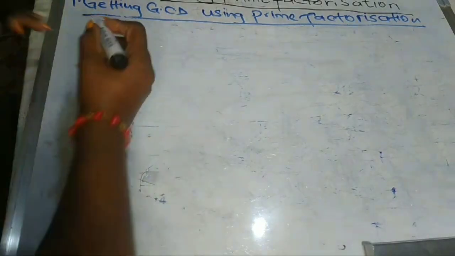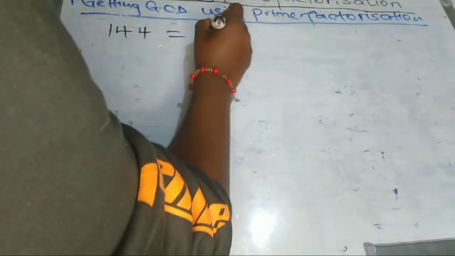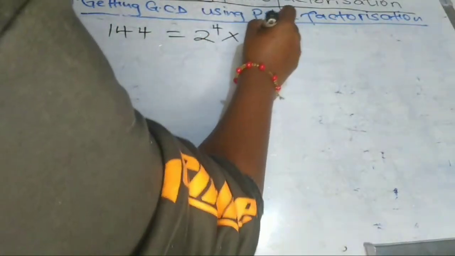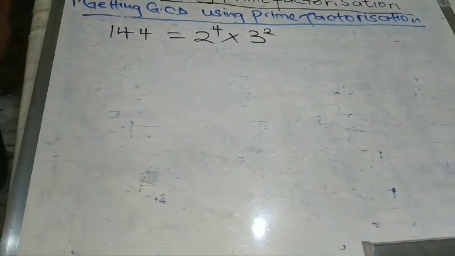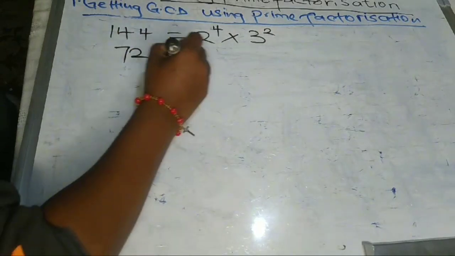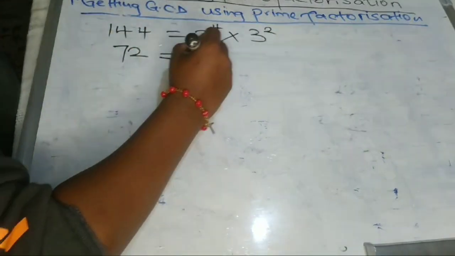Yeah, so now the factors of 144 will be written as 2 power 4 times 3 power 2, according to what we had found out. While the factors of 72 will be equal to 2 power 3 times 3 power 2.